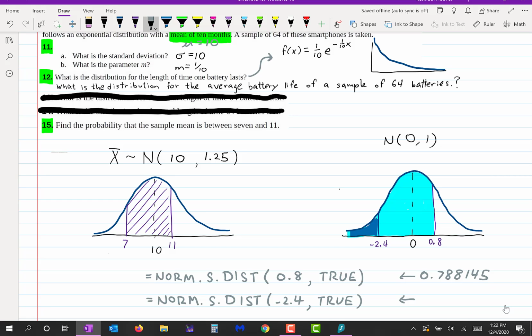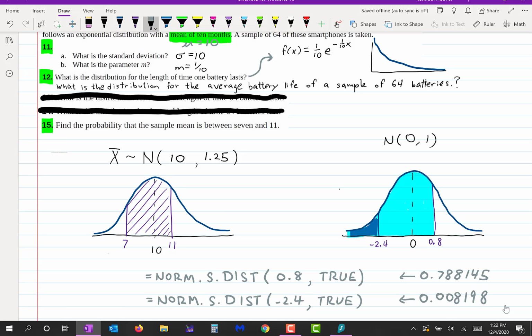Okay, give me a second to type that. And I get 0.008198.